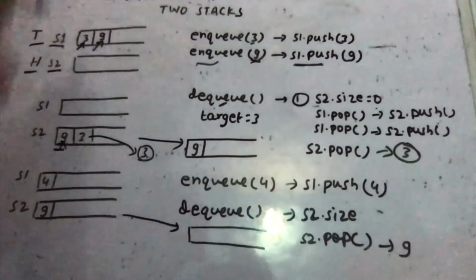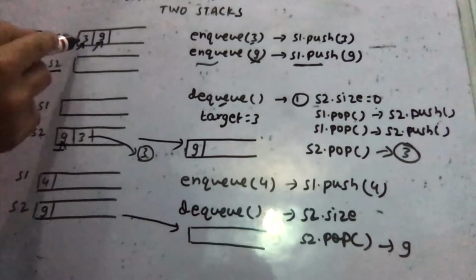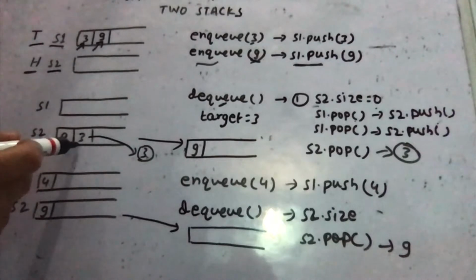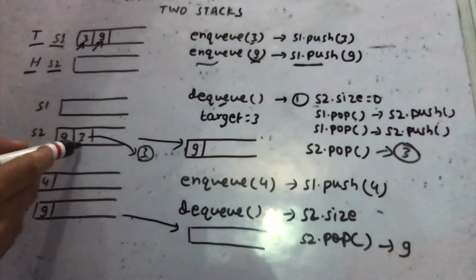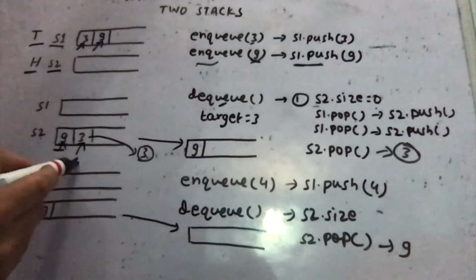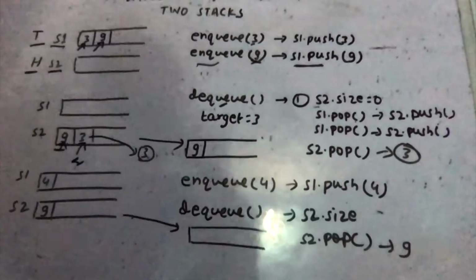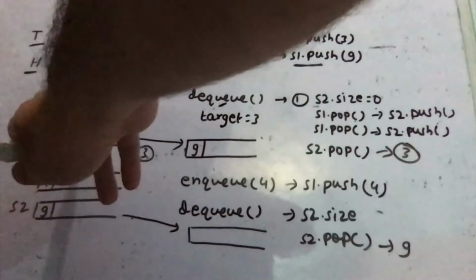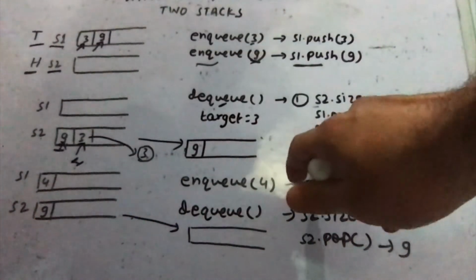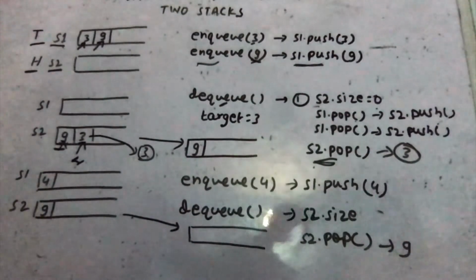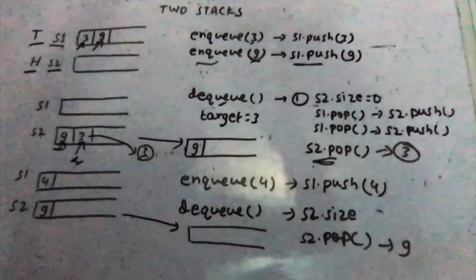If you notice here, we inserted 3 first, so 3 becomes the last element on stack 2, which means this works as the head of the queue. Now if I want to dequeue one element, I can easily remove 3 from here. That operation is performed as S2.pop, so 3 gets removed.